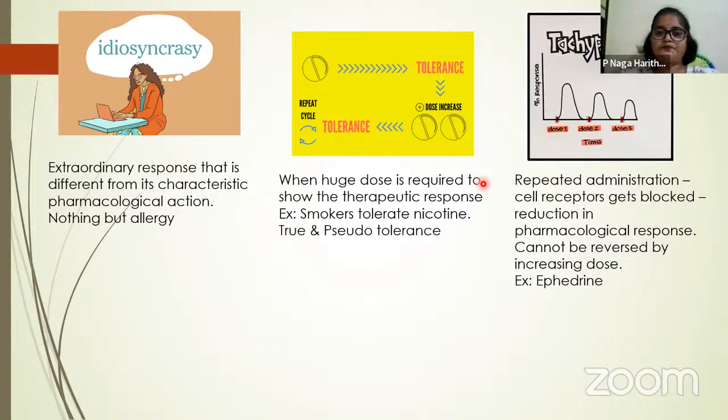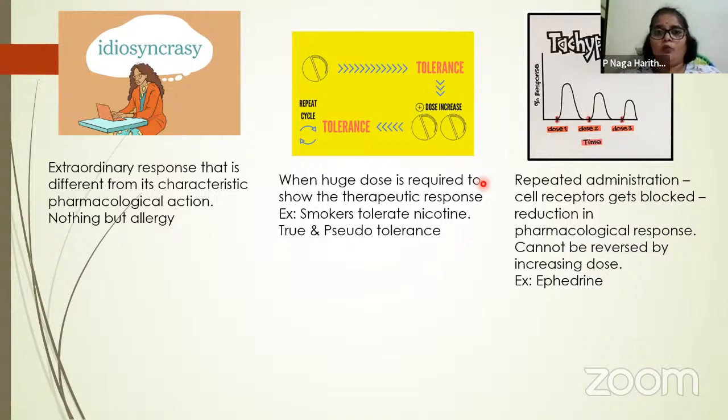So by seeing that, you should not misinterpret that, okay, I will give an excess dose of the drug so that there would be the pharmacological action. No, the receptors are already saturated with the drug.